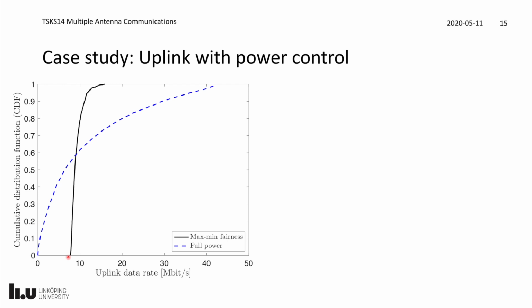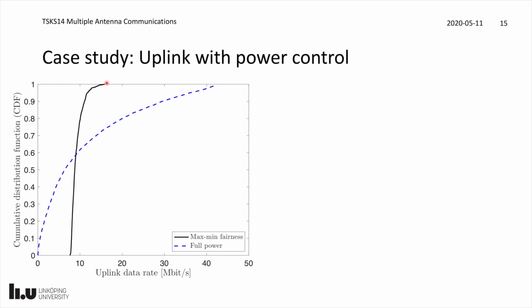We are letting the users that are close to the base station cut down on the power in order to help the users that are at the edges. And if we compare with the blue curve here, we are getting much worse performance for those that are at the edges of the cell, but there are also users that are very close to the base station, and if they are allowed to transmit with full power, they will get higher rates, up to 40 or more megabits per second, while there is no one who's getting more than, say, 16 or 17 megabits per second in the maximum fairness case.